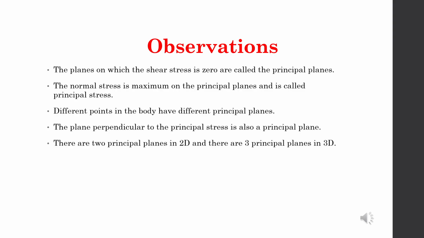The next thing is the plane perpendicular to the principal plane is also a principal plane. In that also the stress resultant will be perpendicular to the plane of cut, and the shear stress will be zero, obviously. So in 2D we have two principal planes, and in 3D we have three principal planes.